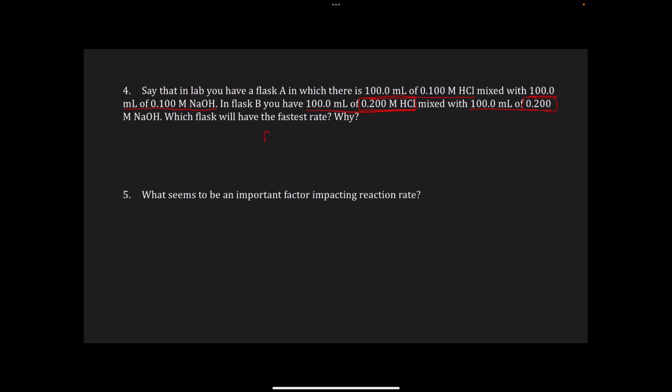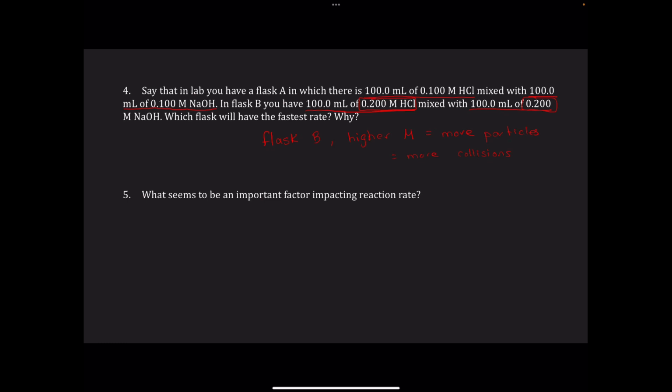And in this scenario, it should be flask B. Flask B has the higher concentration. Higher molarity, we just said, means more moles, which means more particles, which means more collisions. So we've just talked about a couple of scenarios, and we're now asked what seems to be an important factor impacting reaction rates.